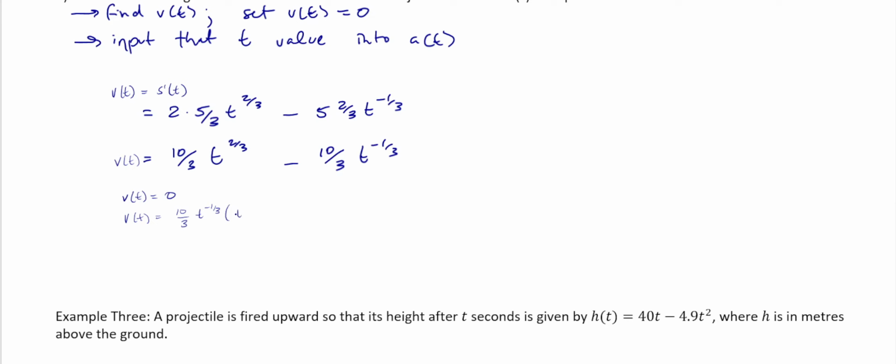And then I get t minus 1 right there. If I wanted to rewrite that, that's 10 over 3 times the cube root of t minus 1. So I can see immediately, first of all, that t cannot be equal to 0. But the answer that makes this equal to 0 right here, therefore t is equal to 1 when v at t is equal to 0. So if I set this equal to 0, the only possible value is t equal to 1.